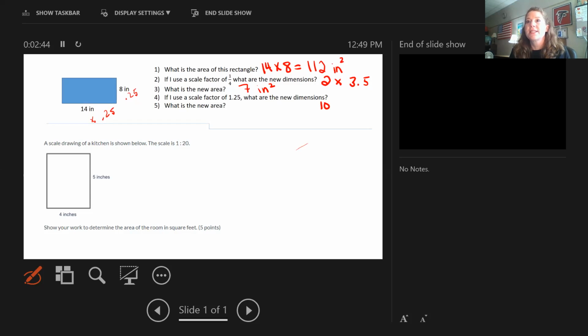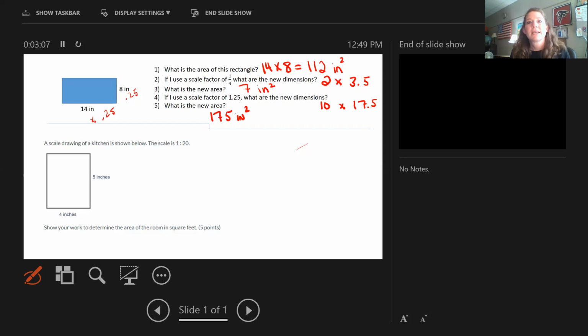So 10 inches by 14 times 1.25 is 17.5. And now it wants to know what's the new area. So I multiply 17.5 by 10, and my area is 175 inches squared.